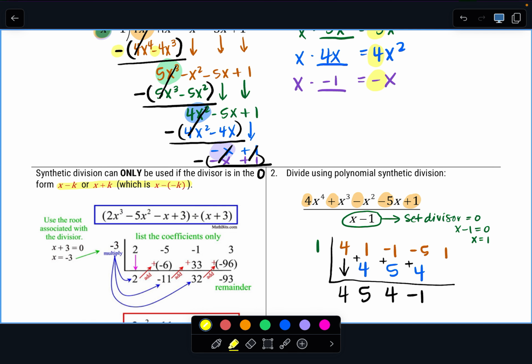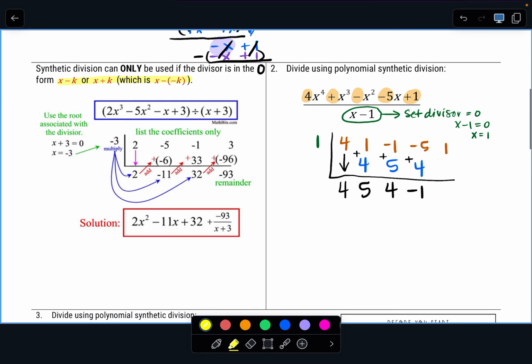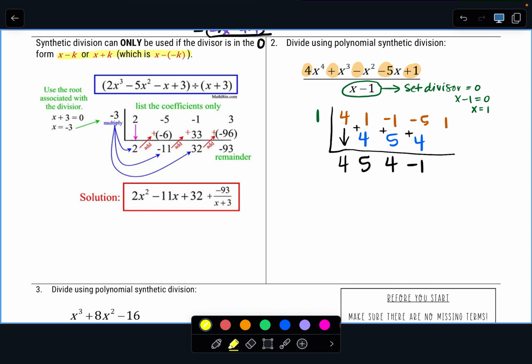Again, this should get us the same answer in the end. For my last one, what is 1 times negative 1? Negative 1. And then I'm going to add these two together. What is 1 plus negative 1? 0. What do we think this last number represents? The remainder.